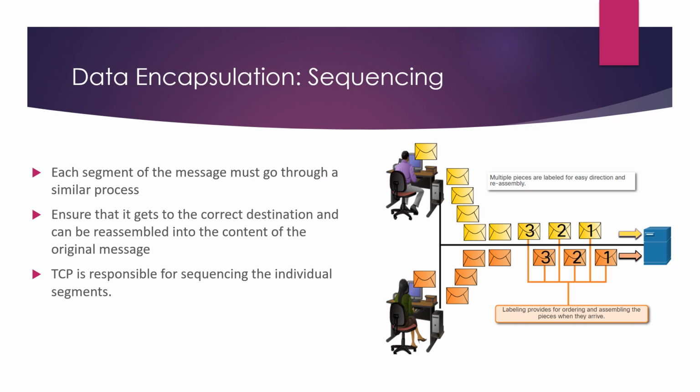Consequently, the information in the envelope would need to include a sequence number to ensure that the receiver would be able to reassemble the pages in proper order. So, in network communication, each segment of a message must go through a similar process to ensure that it gets to the correct destination and can be reassembled into the content of the original message.